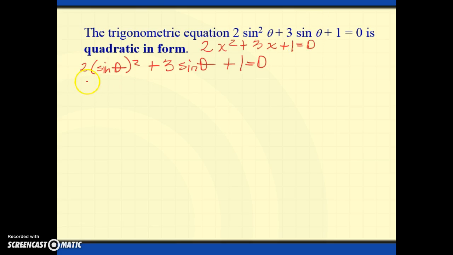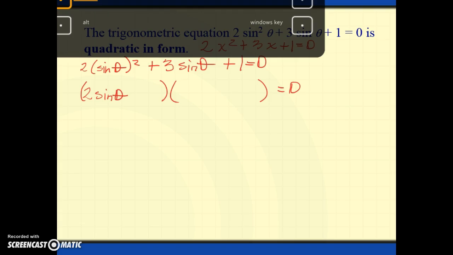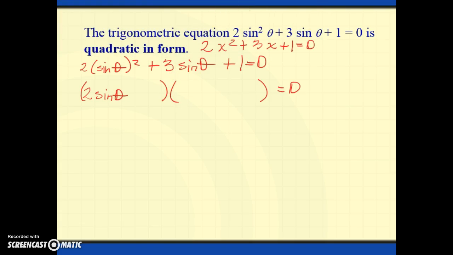Just like the last one, I'm going to factor it. Do our rainbow thing backwards, but instead of x's, now I have sine of thetas. So I'm going to put 2 sine of theta times sine of theta, times the sine of theta.